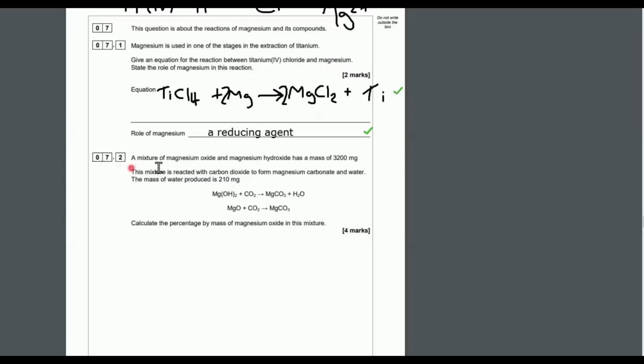Let's get on with 7.2. A mixture of magnesium oxide and magnesium hydroxide has a mass of 3,200 milligrams. So what I want to do there straight away, 3,200 milligrams. Now, this is a mixture of 2 substances, it tells us, MgO and Mg(OH).